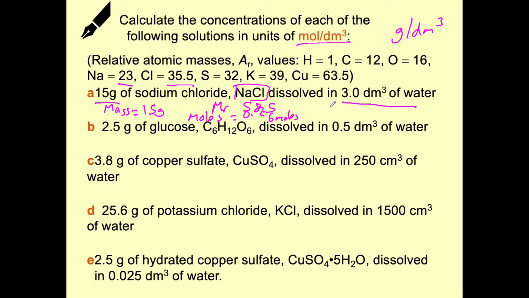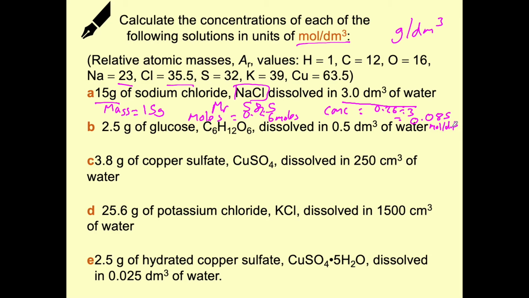And so our mole concentration is going to be 0.26 divided by 3, and that comes out to be 0.085 moles per decimeter cubed. So that was the first way we could do it.